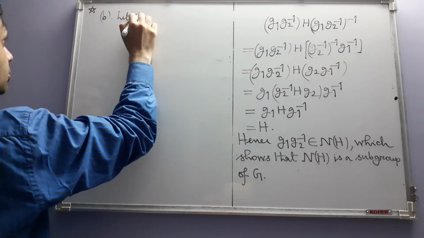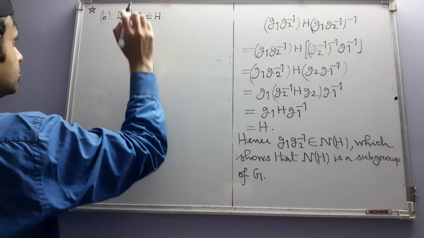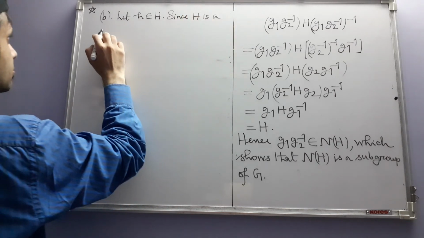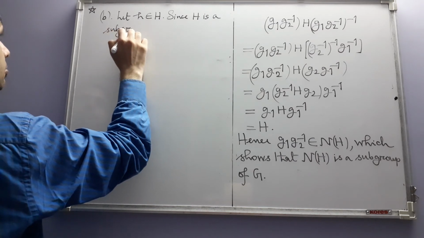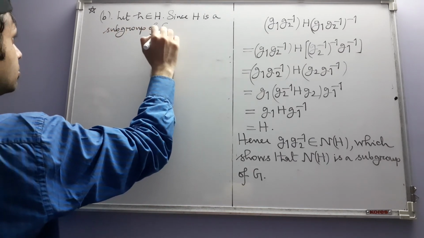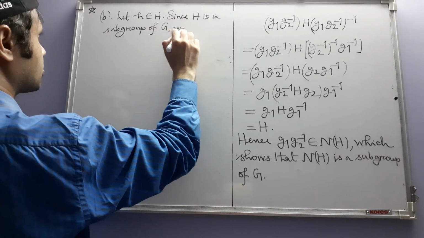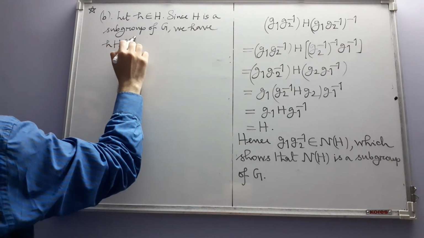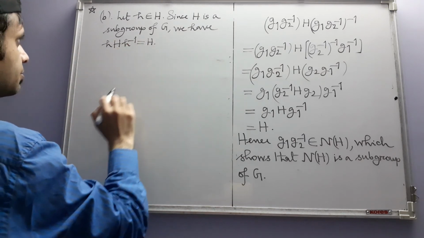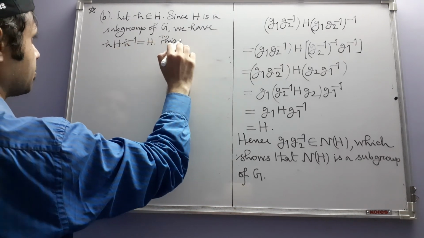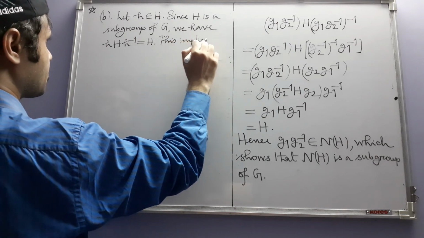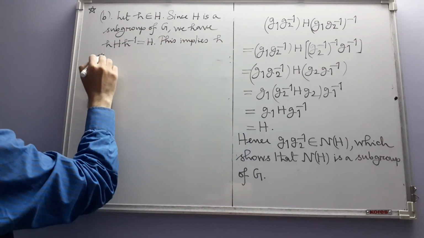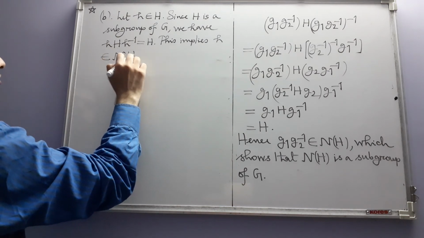Let h belong to H, since H is a subgroup of G, we have h inverse H h equal to H. Since h H h inverse is equal to H, this implies h belongs to NH.